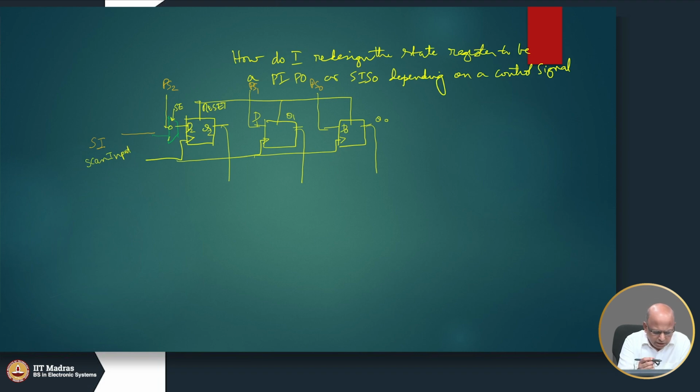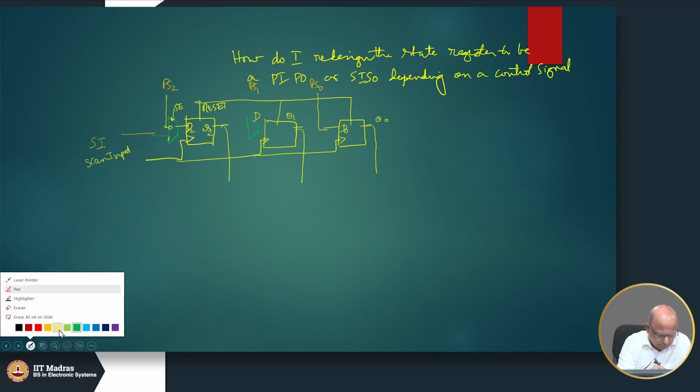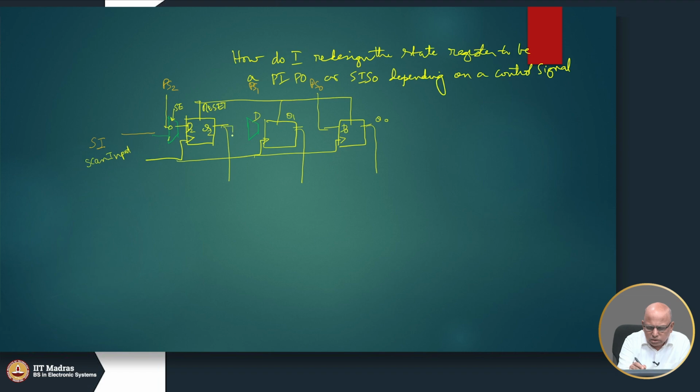Similarly, I may need multiplexers here also. So, I will have to put a multiplexer here, and this guy goes here to the 1 port, and to the 0 port I have the usual PS1 coming in.